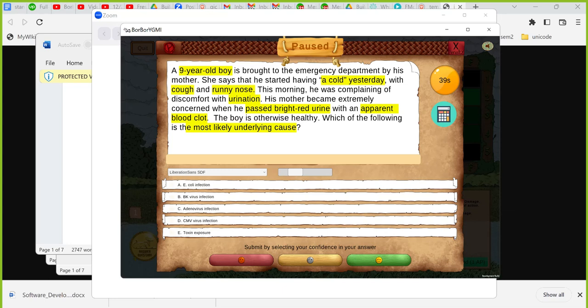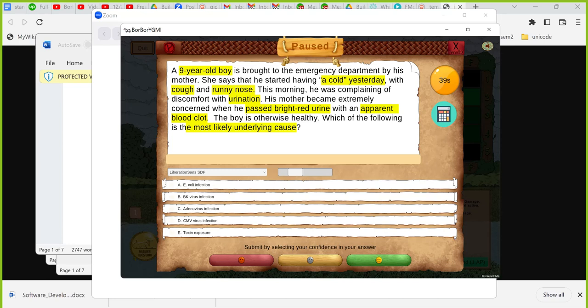So this 9-year-old might be immunocompromised, but we don't really know that, and so it's possible that BK is causing the bright red urine, because I know you can have hematuria from BK virus.